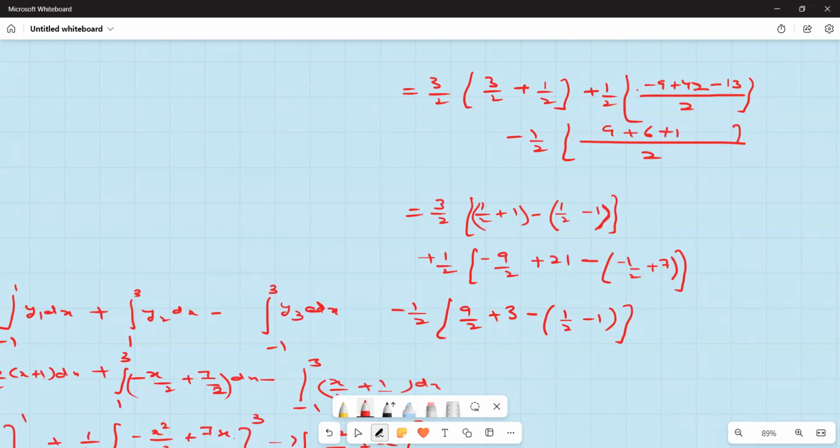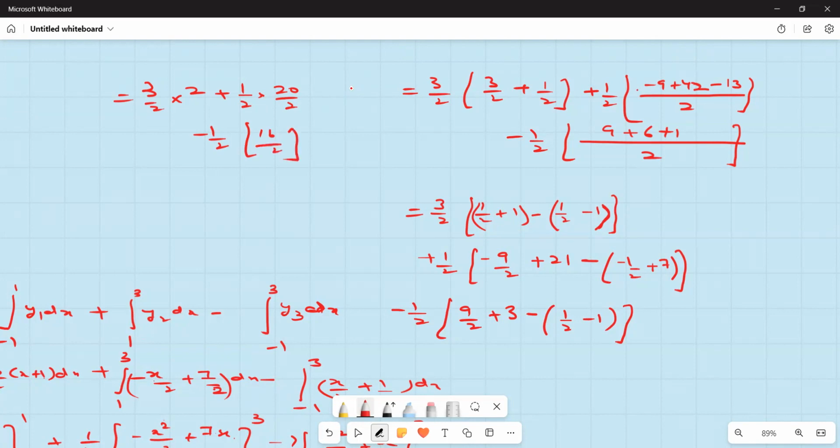So plus 1. So this is equal to 3 by 2 into 4 by 2 is 2, plus half into 42 minus 22, right now? 42 minus 22, that is going to come as 20 by 2, minus half, 9 plus 6, 15, 16 by 2.